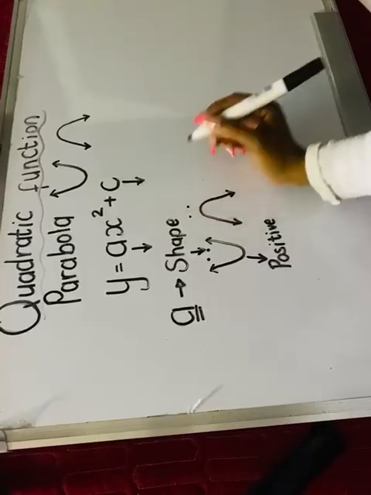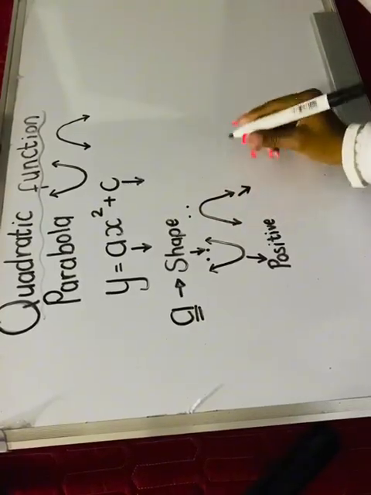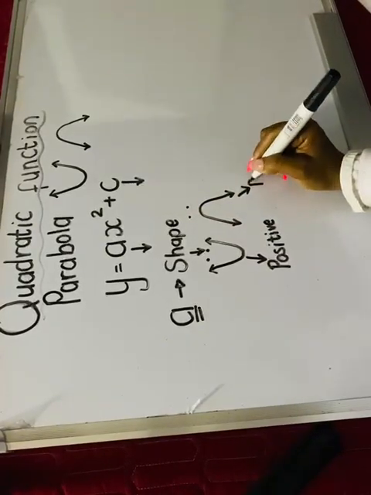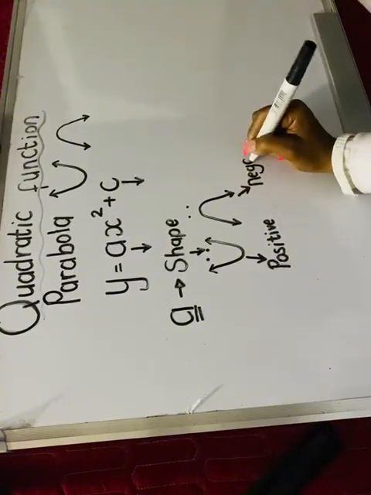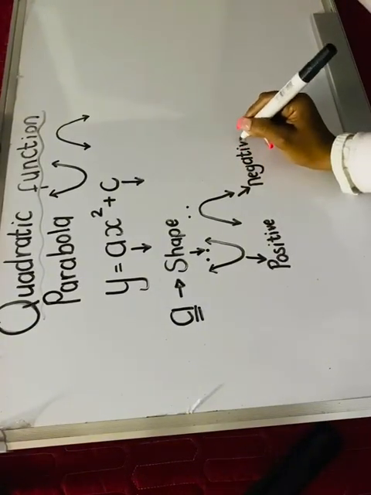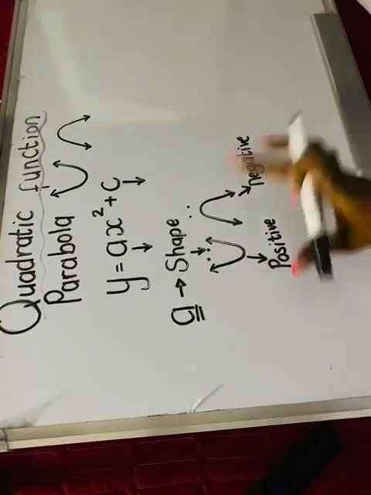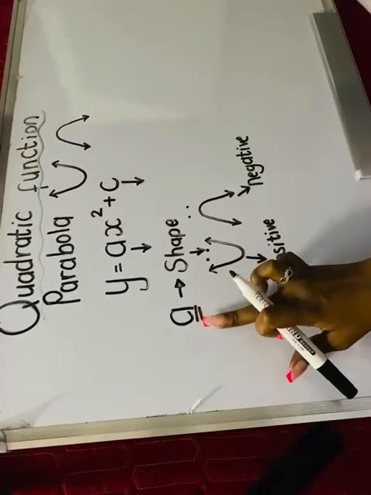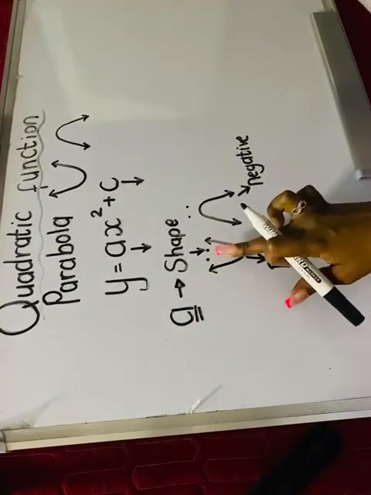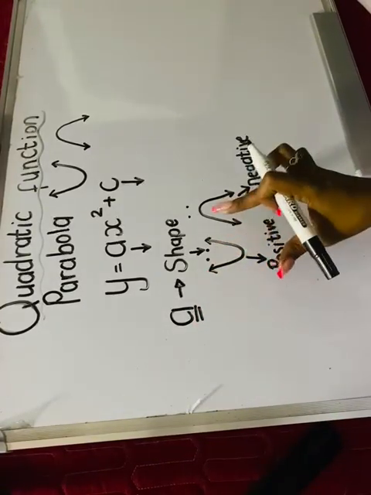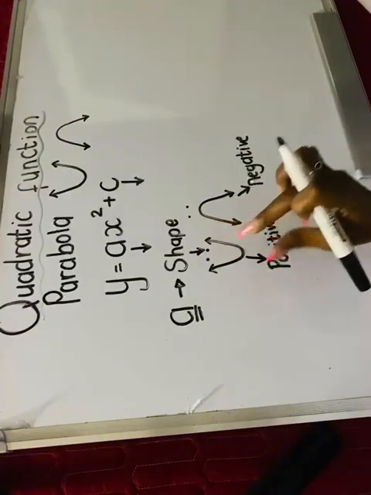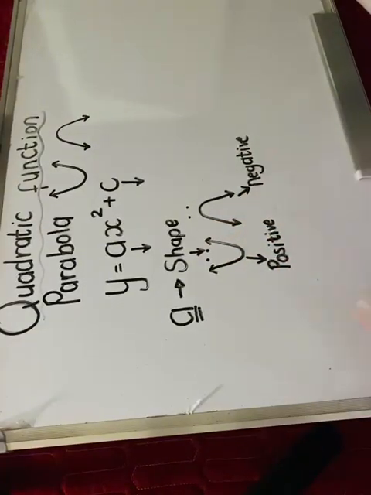And if it's looking down like that, it is showing that the graph is negative. It is very sad. Negative. So you need to know what a is. A tells us about how the graph is looking, if it's positive or if it's negative.